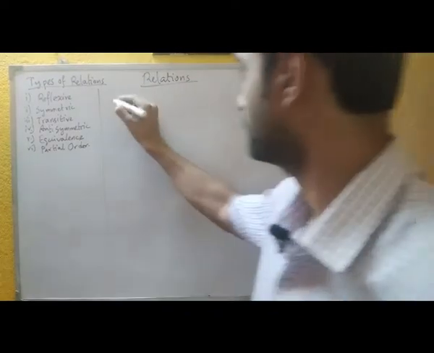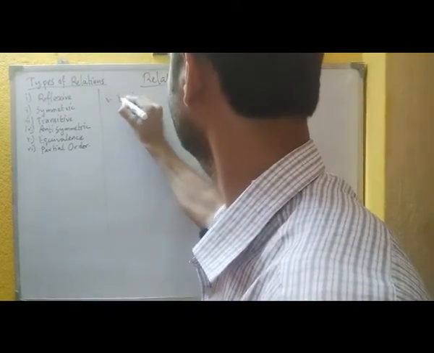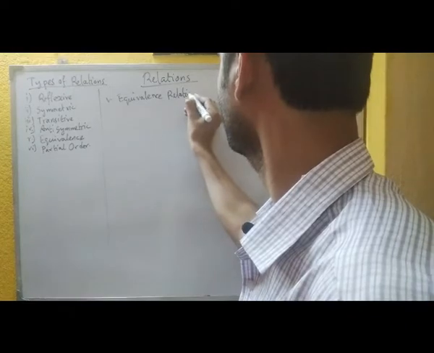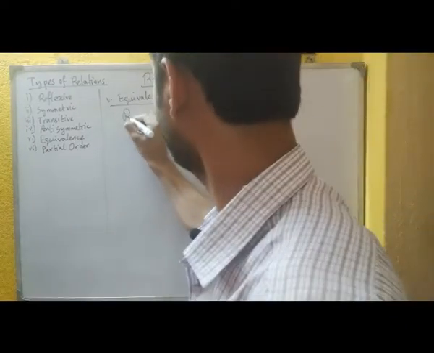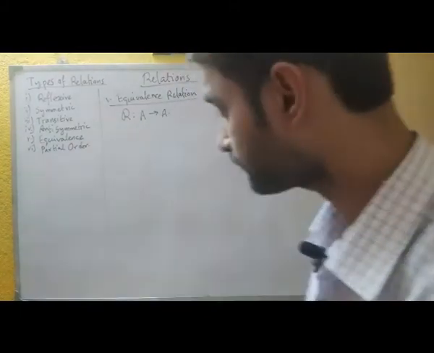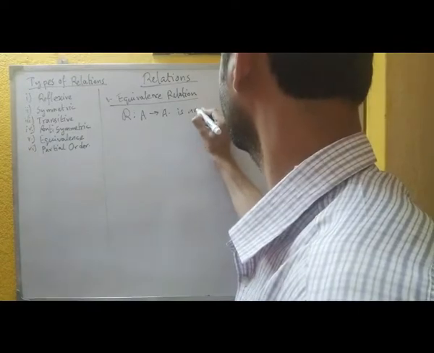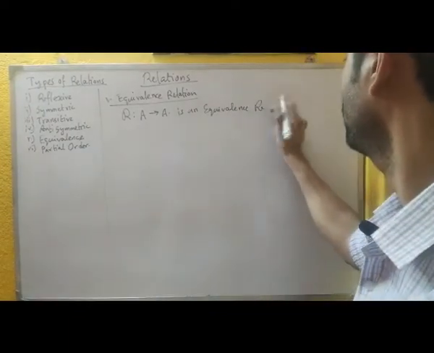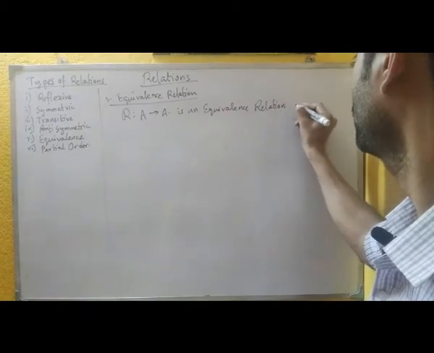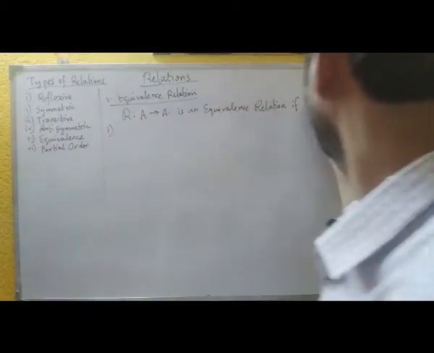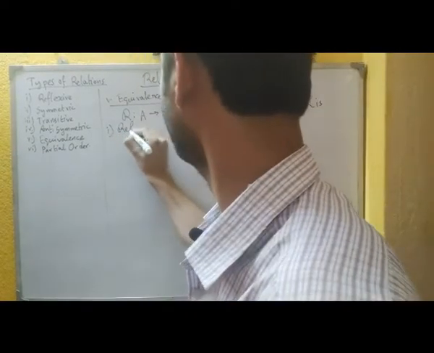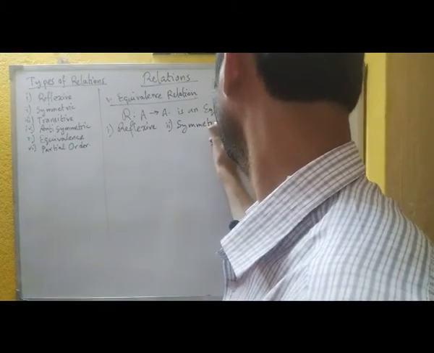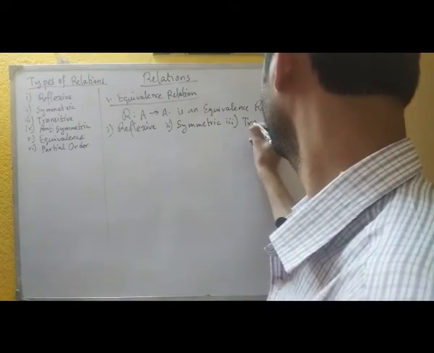The next type is equivalence relation. Suppose we consider again the relation R from A to A. It's called equivalence if, number one, R is reflexive, number two, it's symmetric, and number three, it's transitive.